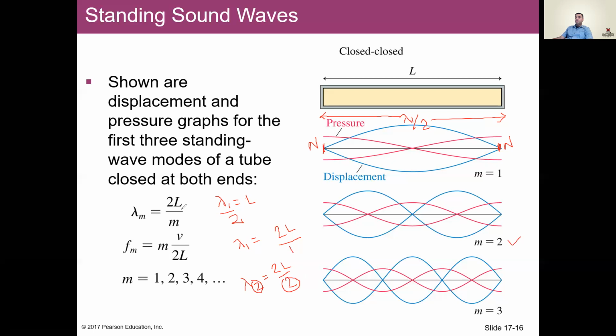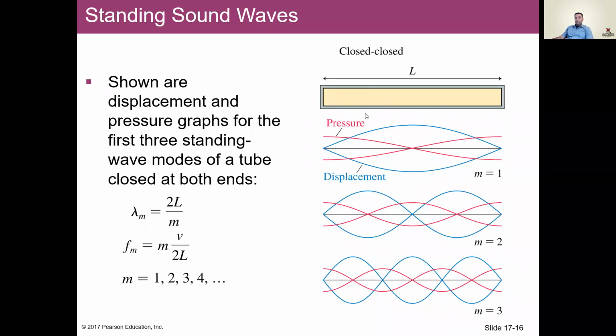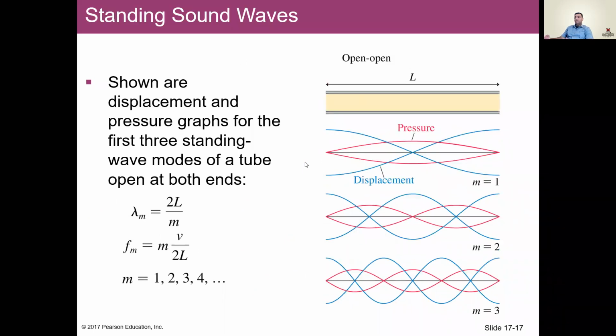And once you know the lambda, using the v equals f lambda formula, you can always find f, which is mv over 2L. So this is how you work with a closed pipe. And once you understand one of the cases, it's very easy to understand the other cases.